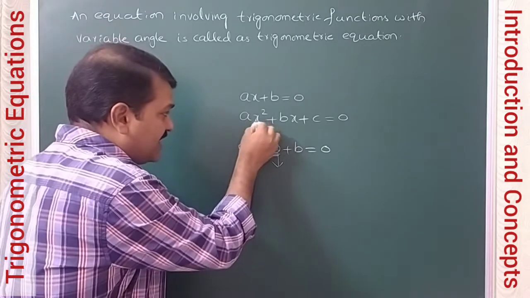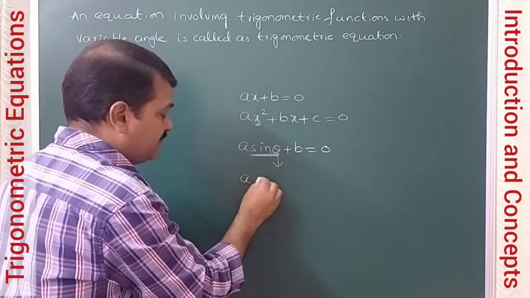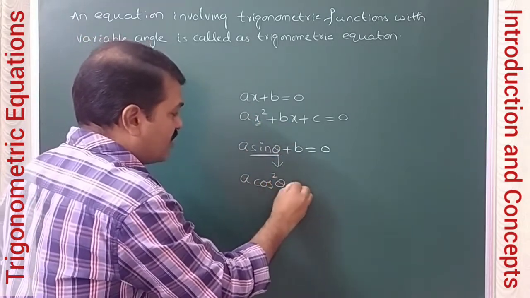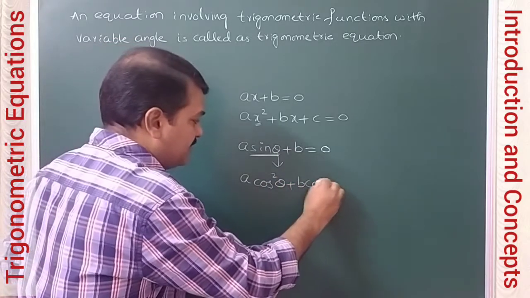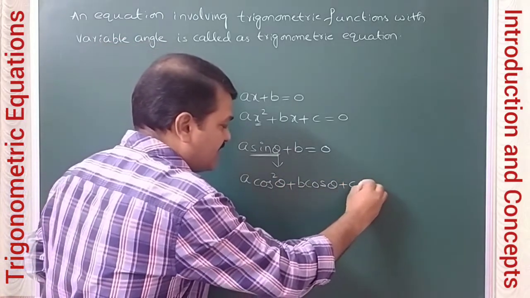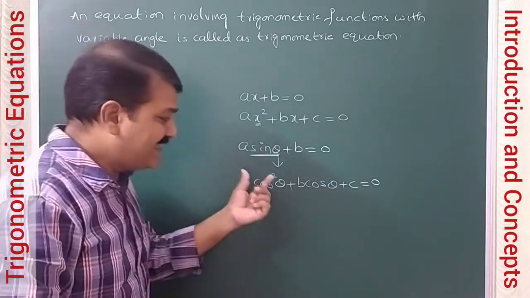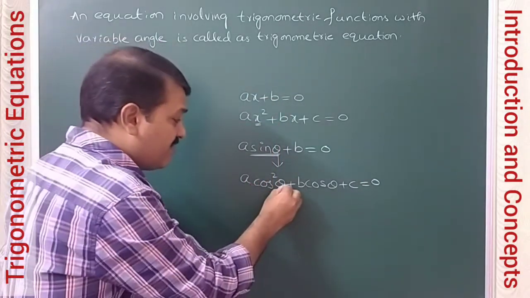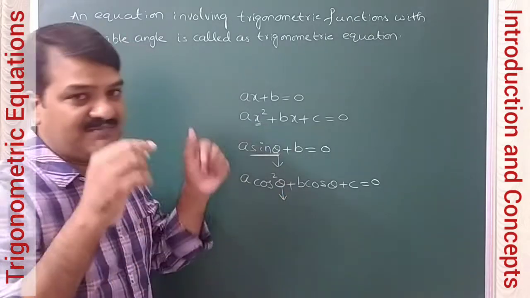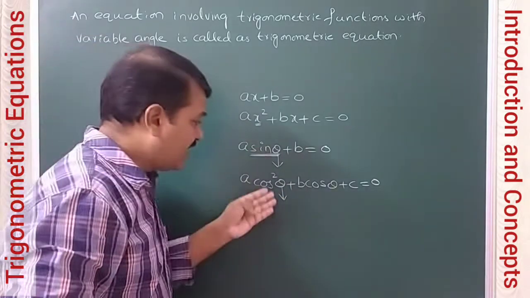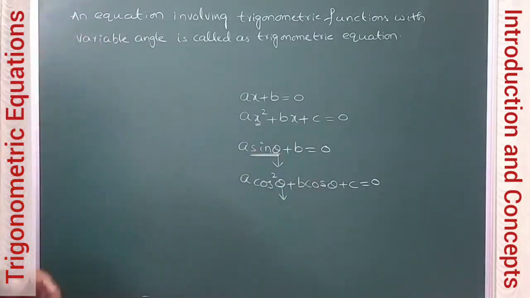In this one, if I replace x with cos theta, for example, this is the trigonometric equation in terms of cos theta with variable angle theta. So here comes the definition. Have a glance at it.